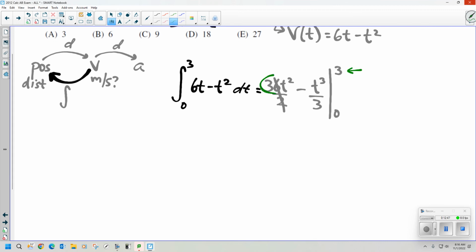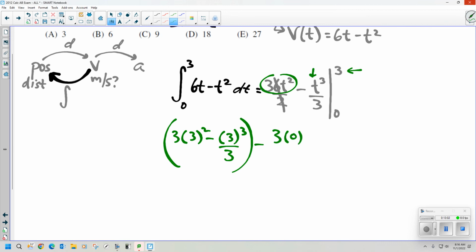Remember, we got 3t squared, so it's 3 times 3 squared minus 3 cubed over 3. That's putting in the upper bound minus putting in the lower bound. If I put in zeros everywhere, that's going to give me zeros, which I love. This is just one big 0.